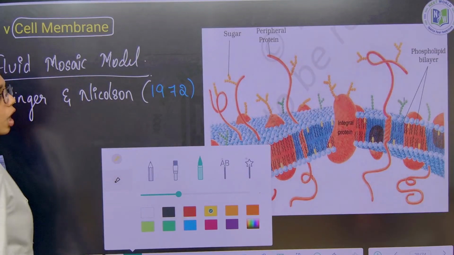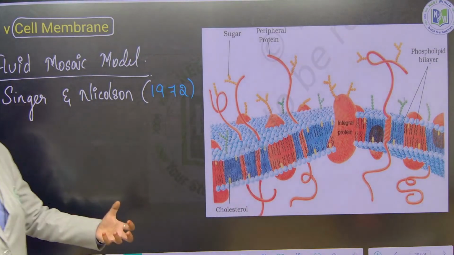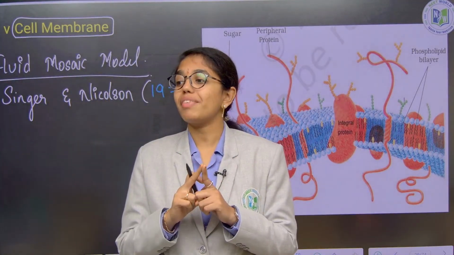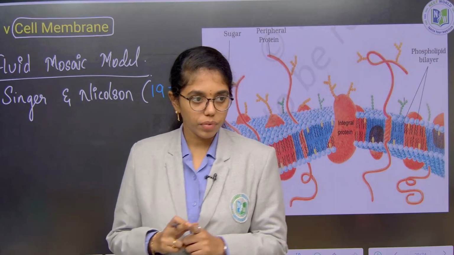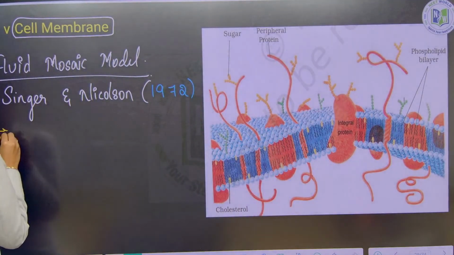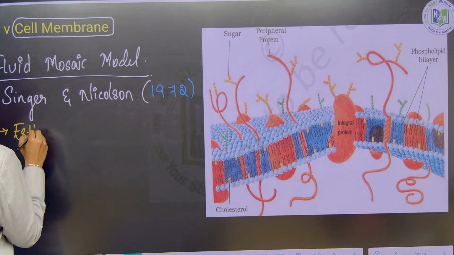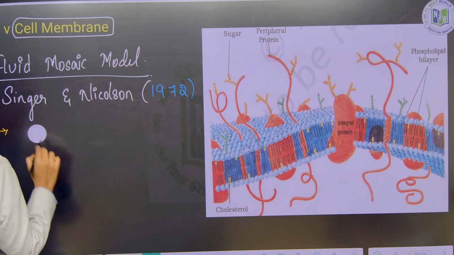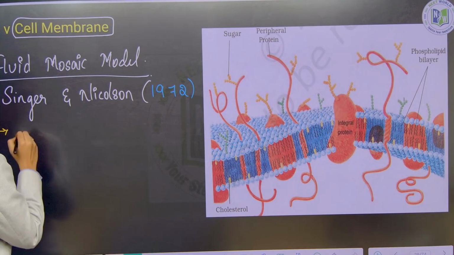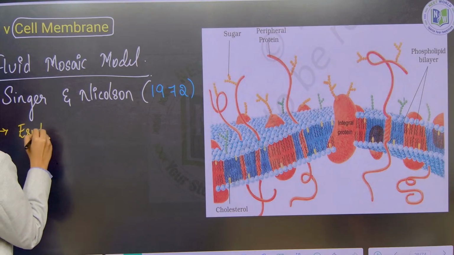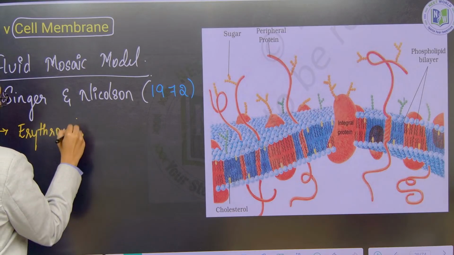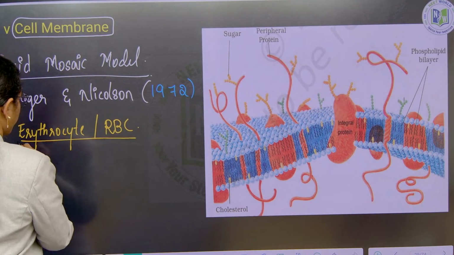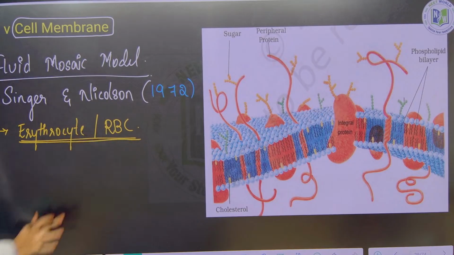First, what are the components of a plasma membrane, and which plasma membrane did they study? They studied the plasma membrane of an erythrocyte or red blood cell.